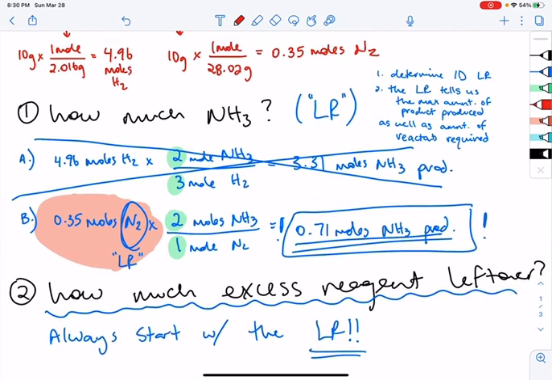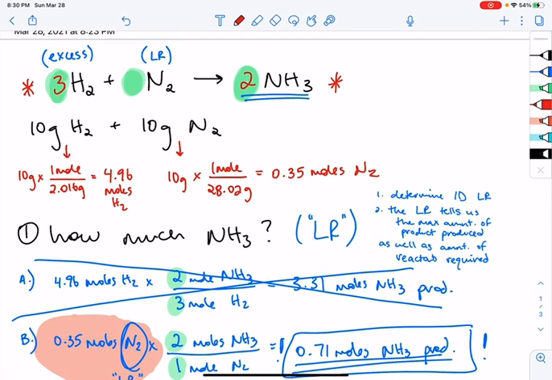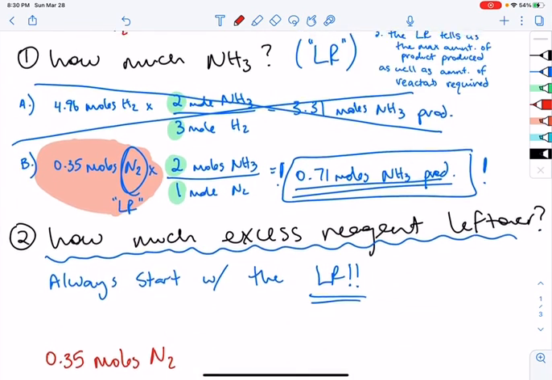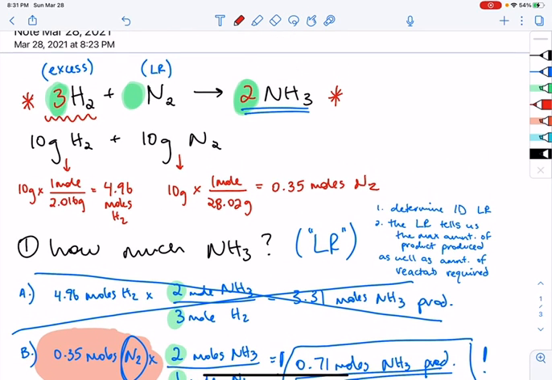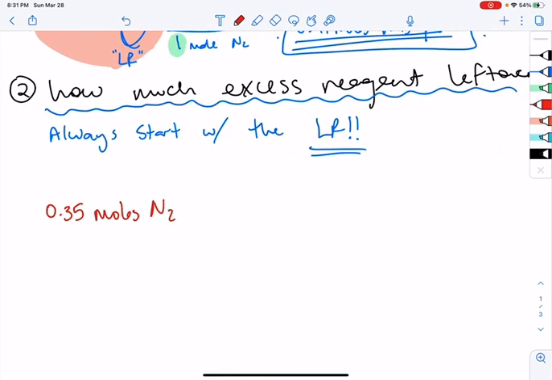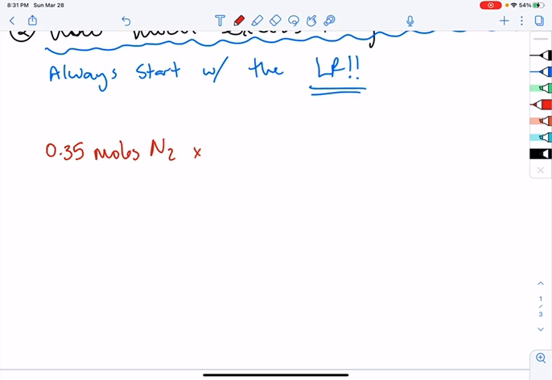But now, instead of figuring out how much product is made, we're trying to figure out how much of this excess is left over. So we need to figure out how much excess reacts. So we want to convert from nitrogen to that excess reagent. So 0.35 moles of nitrogen times, what did we have? We have 3 moles of hydrogen for every 1 mole of nitrogen. All this is the stoichiometry again.